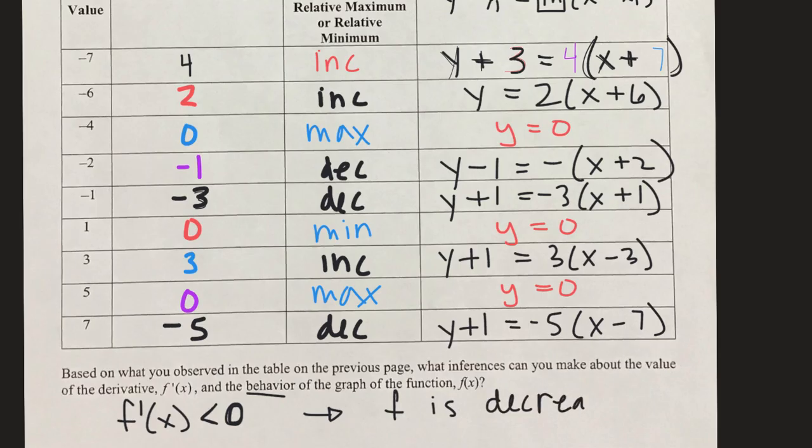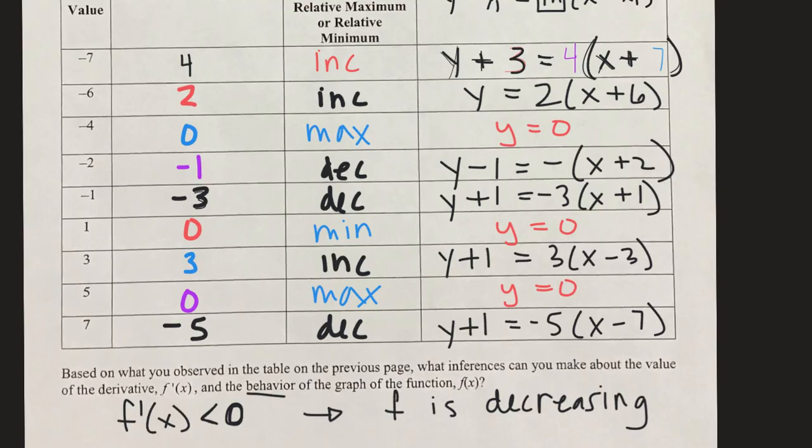The y values are going down. They're getting more towards the negative. If your derivative is negative, then your f value is decreasing. Your slope, your graph, the y values are going down. What happens if our derivative is equal to 0?